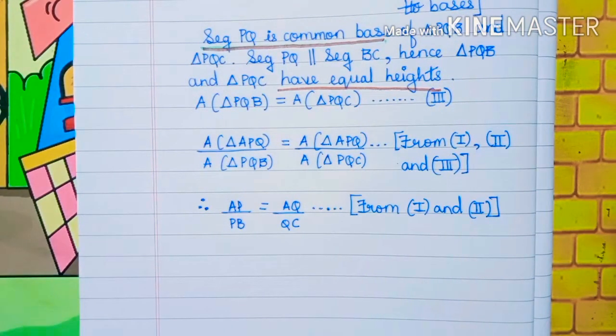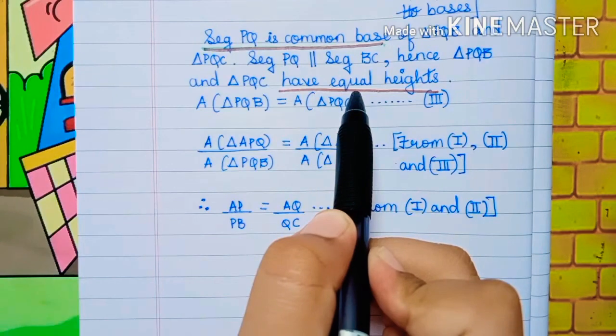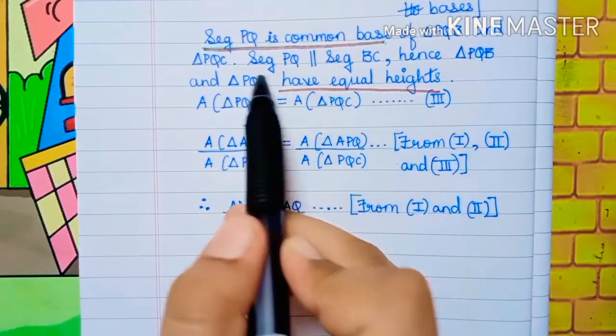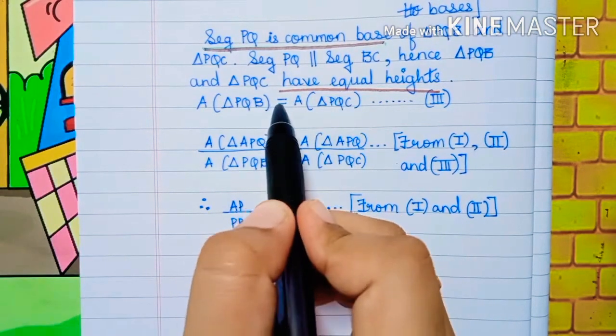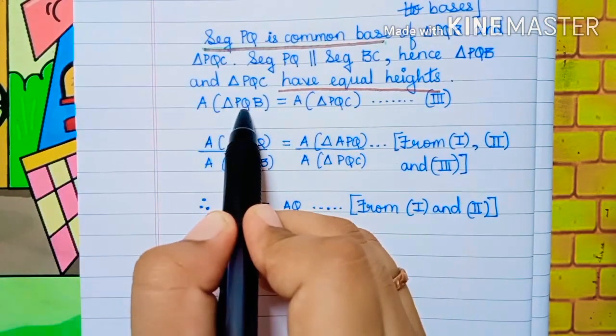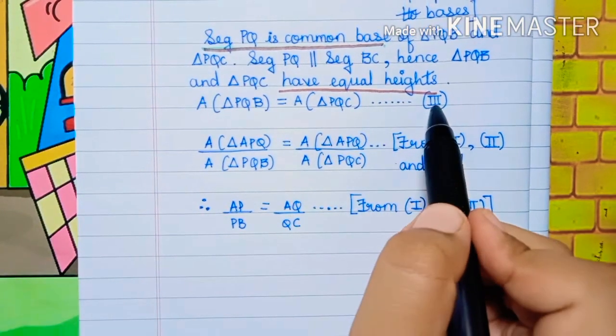What do we conclude from these two sentences? We conclude that as the base and the heights of triangle PQB and PQC are equal, the areas of both the triangles are equal. Area of triangle PQB will be equal to area of triangle PQC. That is the third step.